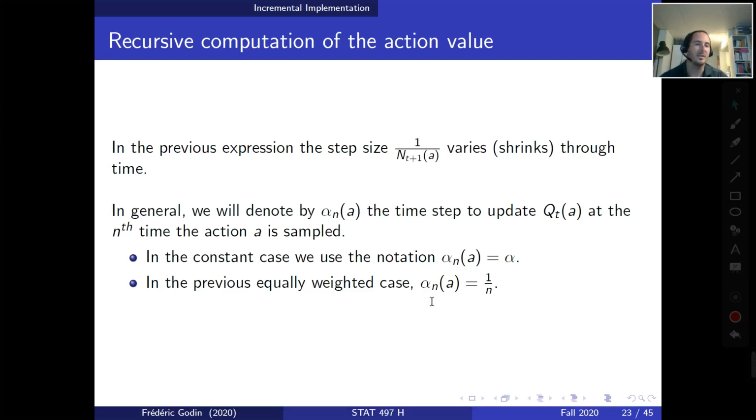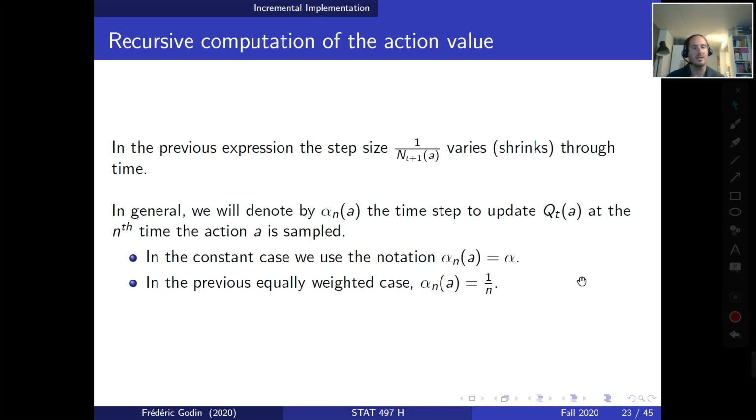However, we will consider other schemes which entail weighting the previous rewards differently than having equal weights for all rewards. It's possible to use what we call a constant step size, and in that case alpha_n(a) would be equal to some constant alpha.